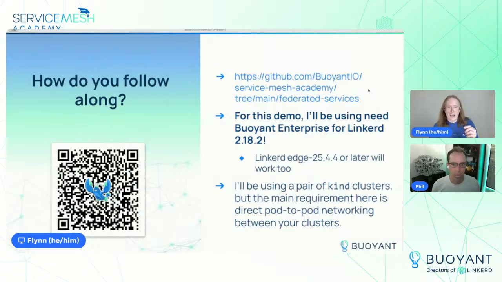So a pod in one cluster has to be able to make a TCP connection directly to a pod in the other cluster. That is important. There's a script in the sources called setupbase.sh, which can set this up for you using kind and a Python script in the same directory, if you do not happen to have this lying around.